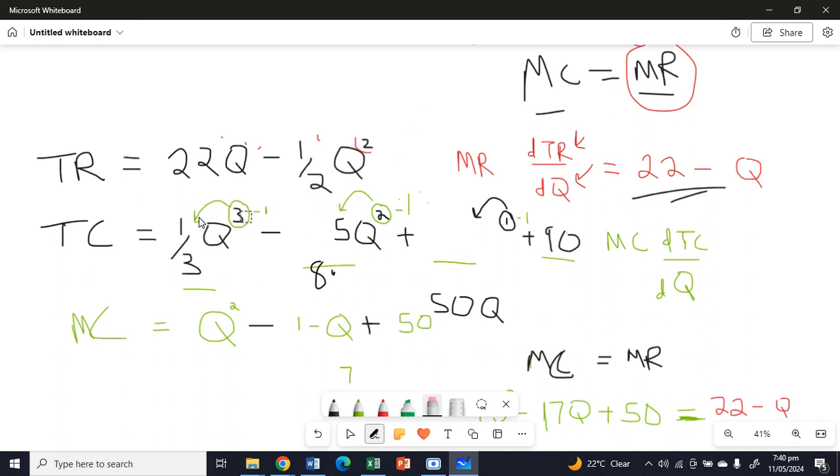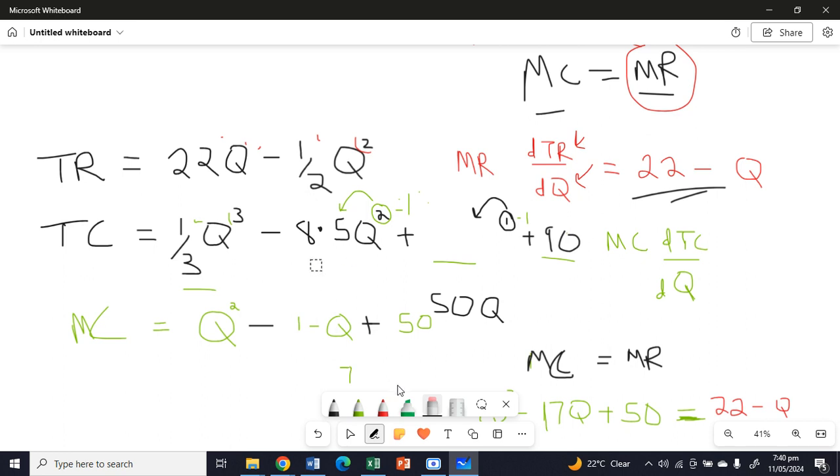After that, you substitute 14 into the total cost function. Where there's Q, you replace it with 14. 210, okay. That's our total revenue.